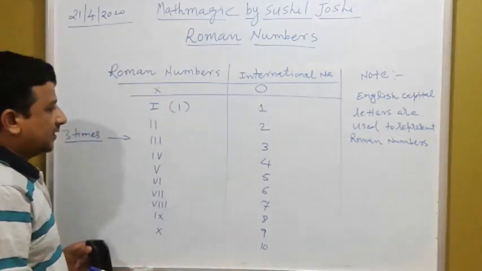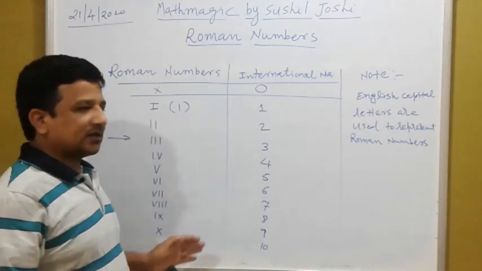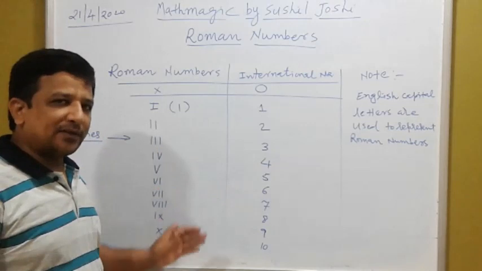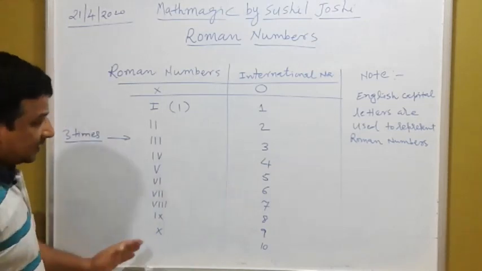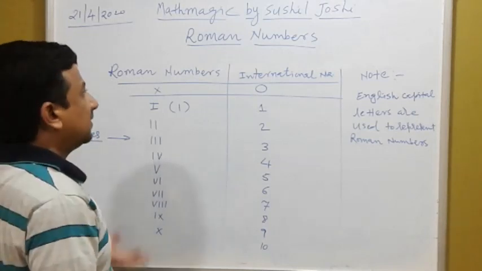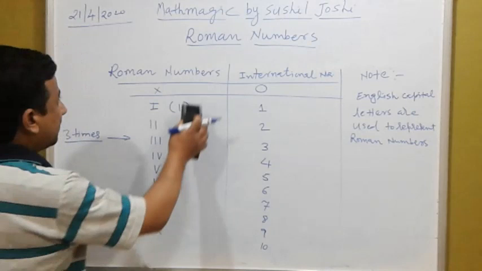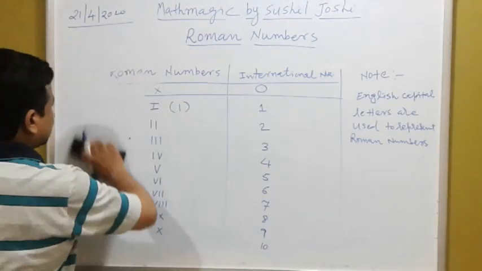This is the limitation of Roman numbers compared to international numbers while representing 0. Now remember that these are the notations to write the numbers up to 10. Then we will write a few rules on how we represent the Roman numbers. I hope all of you understand it very well.